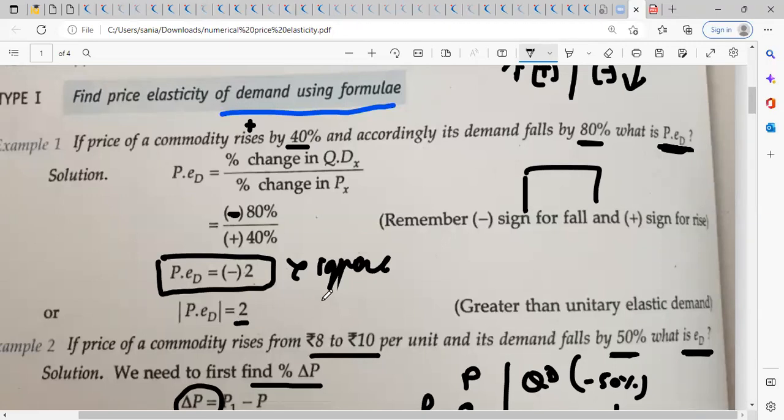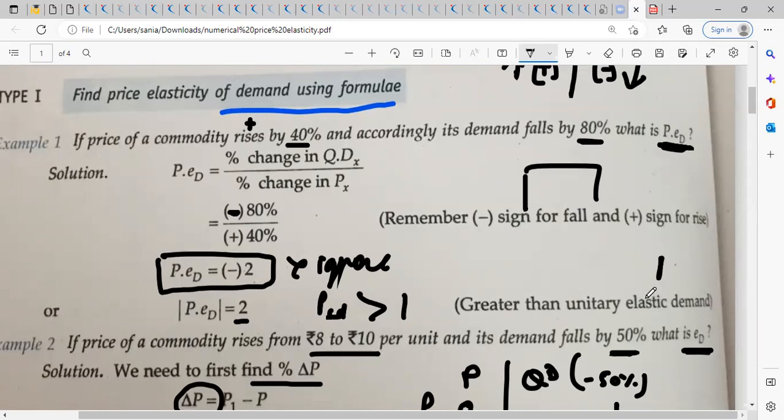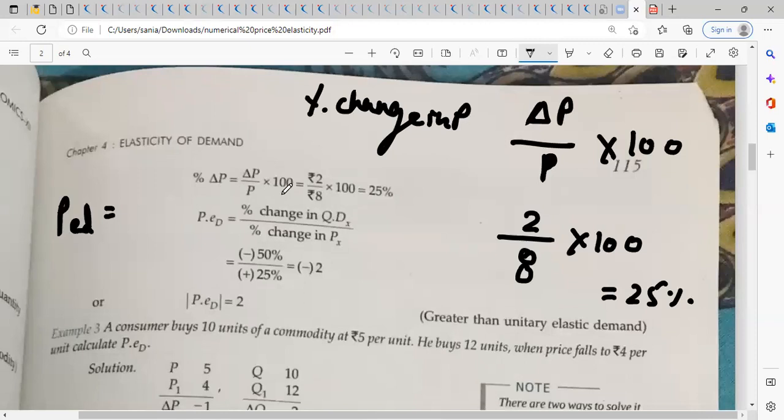Like this. So over here, you are ignoring minus 2, so your answer is 2. So this answer is more than 1, yes or no? Yes. So you will write greater than unitary elastic demand. Unitary means 1, so it is more than 1. Similarly, when you are solving this, first you found the percentage change in price.